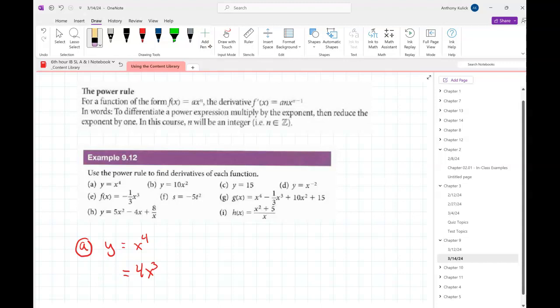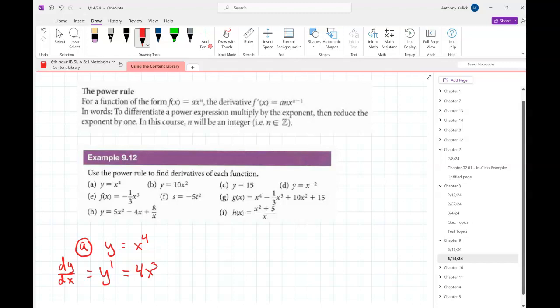What do I call the derivative of y symbolically? I could write it as y prime. What other way could I write it? Well, it's not f, right? It's y. The other way we might write it is dy dx. So either one of those would be fine.